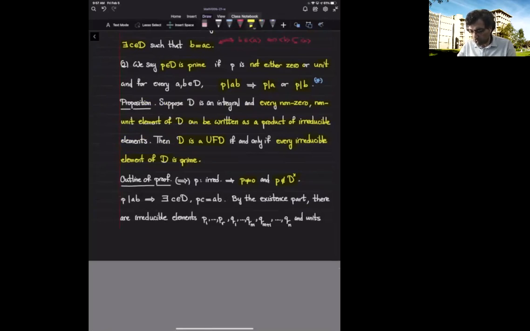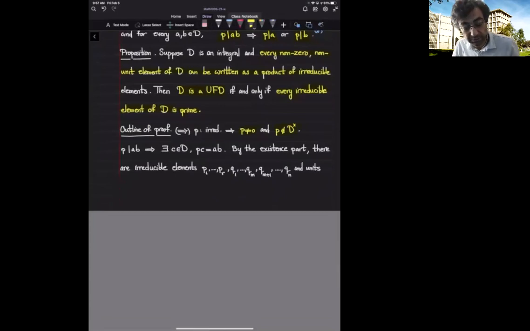To show this, we start with the assumption that P does divide the product of two elements, A and B. That means I can write A times B as P times some element C. Now we write C, A, and B as products of irreducibles.